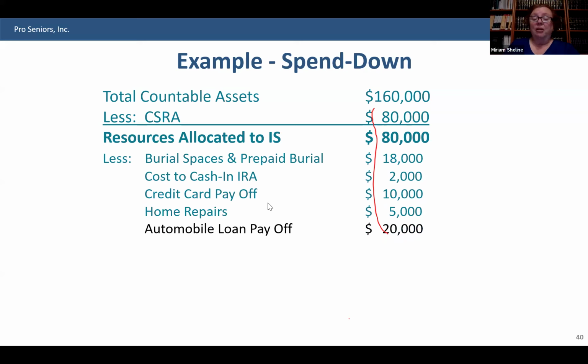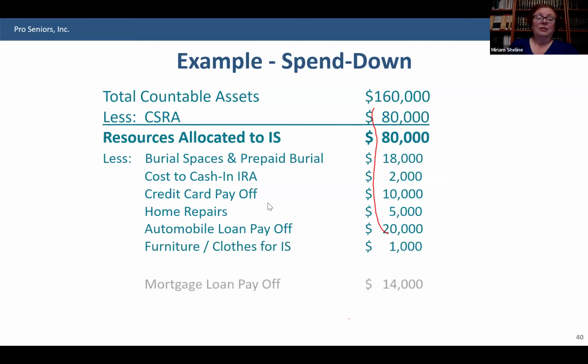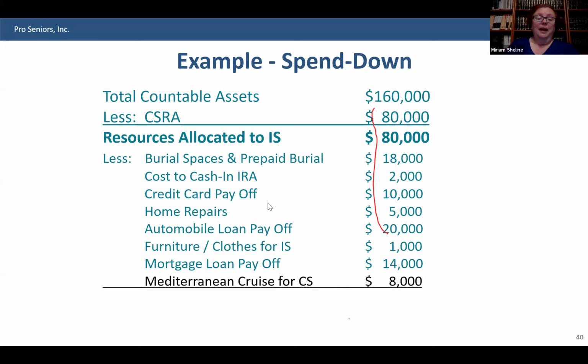We pay off the car. We buy some furniture and clothes for the institutionalized spouse. We pay off the mortgage. We buy a Mediterranean cruise for the community spouse. Is that okay? Absolutely. It's for the community spouse. That gets you down to the limit of $2,000.